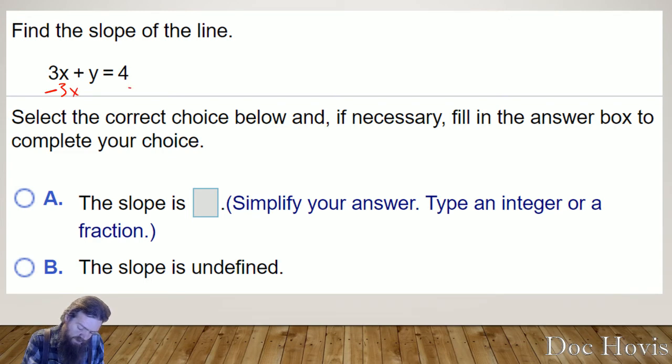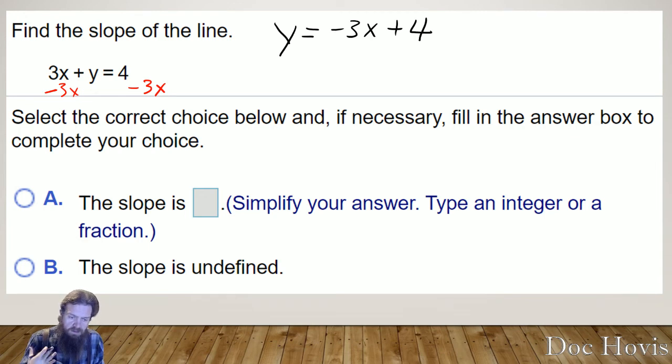Y is equal to negative 3x plus 4. All we care about is the number that's in front of that x, and that is just negative 3. And I'm done.